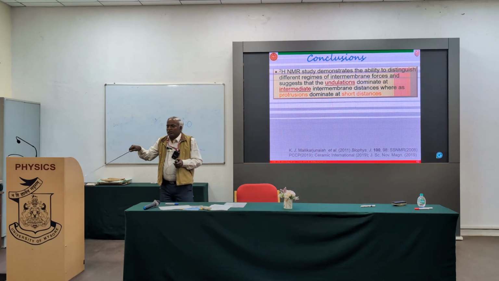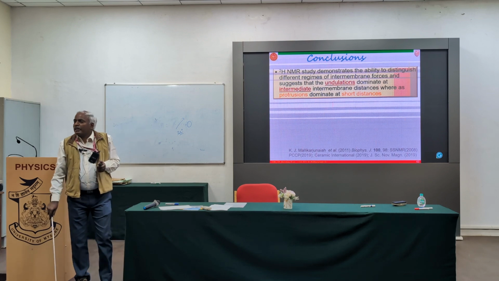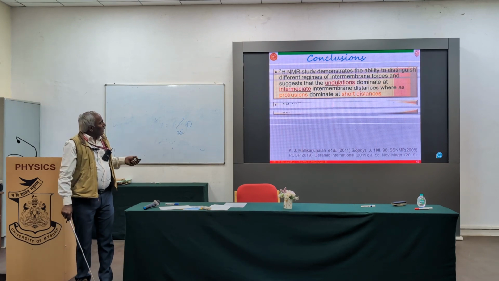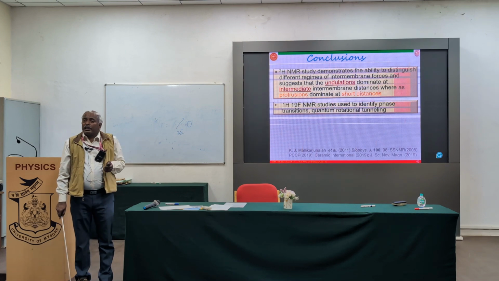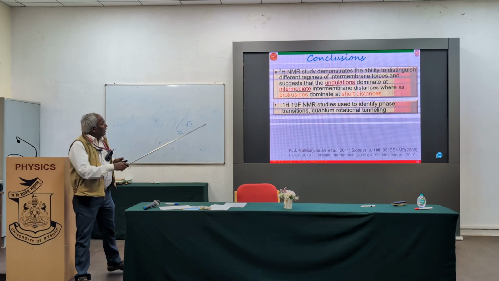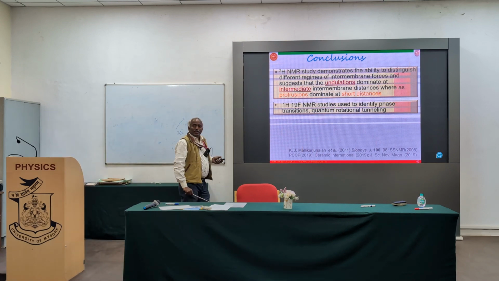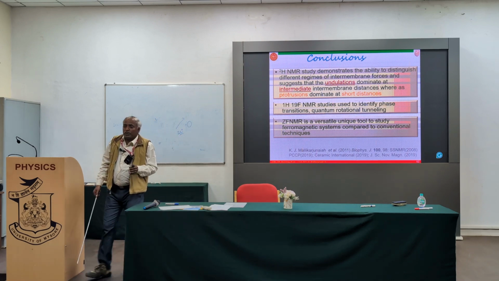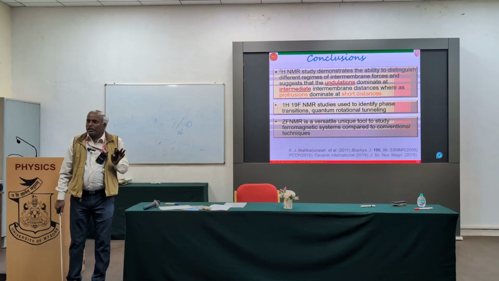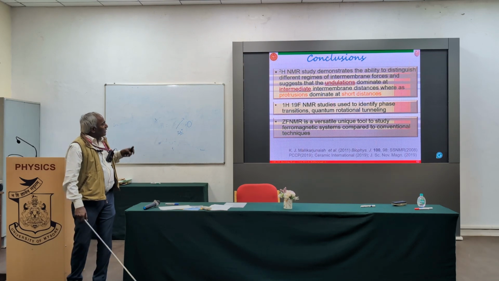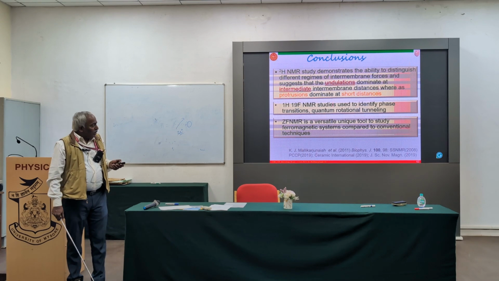As I was saying in the morning session, the connecting details can be distinguished efficiently, and from proton NMR and fluorine NMR, I can identify quantum rotation tunneling, and phase transitions can be measured quantitatively. Zero field NMR, as you have seen, is a wonderful tool for ferromagnetic systems. The only limitation is that they should be magnetic systems. The other two techniques we can use in different places.